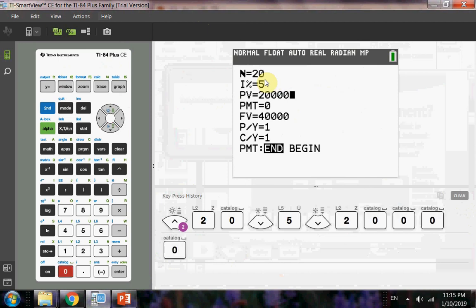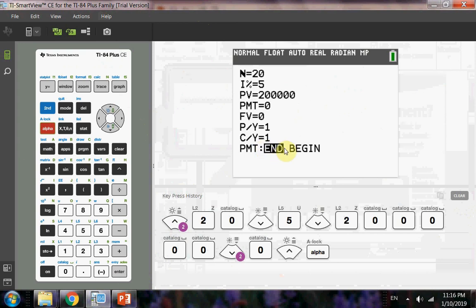I just got that from a bank, and the payment is something I need to solve. And I also have a zero future value. So in addition to the annual payment, I make a zero payment 20 years later. So my only payment here is the annual payment. Then I do alpha solve.